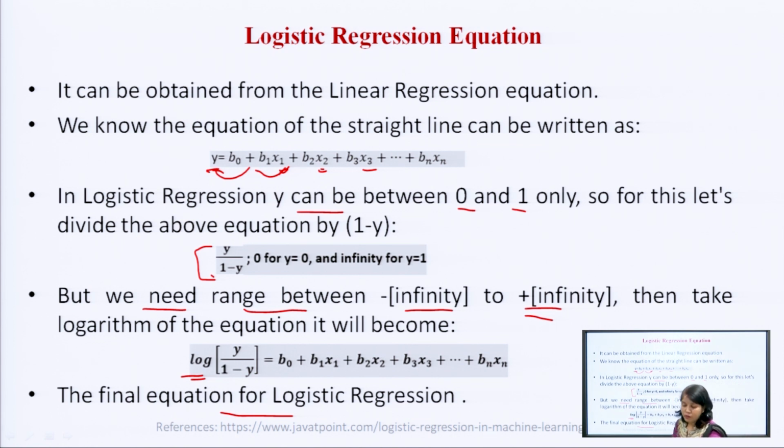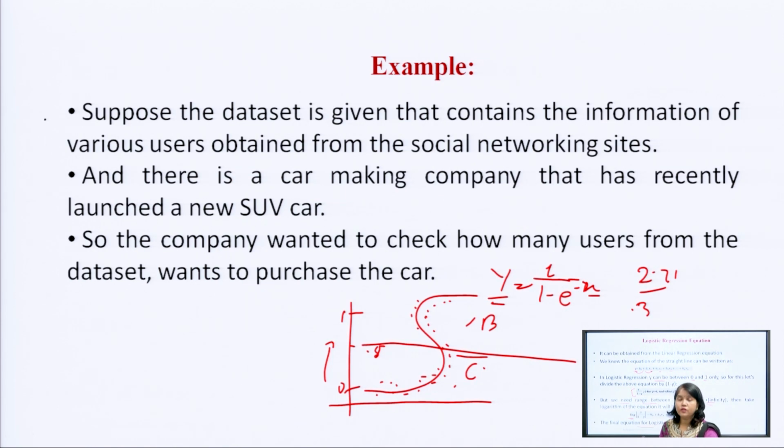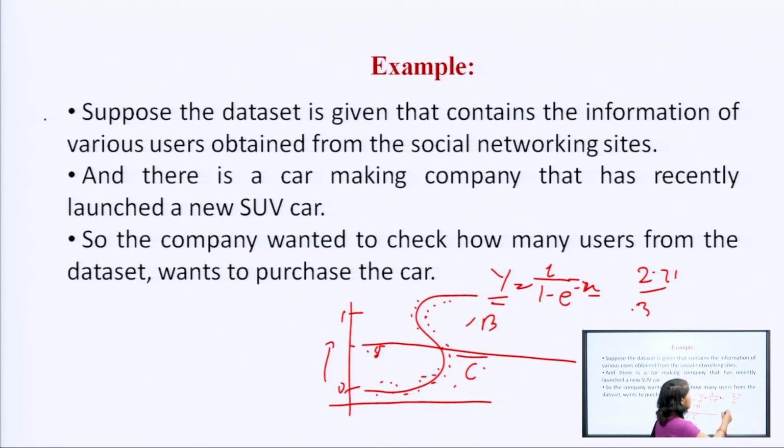And logistic regression means there is the sigmoid function, that is 1 by 1 plus e to the power minus x. This is the logistic regression equation, the sigmoid equation. You put in the value and you find the value of y.